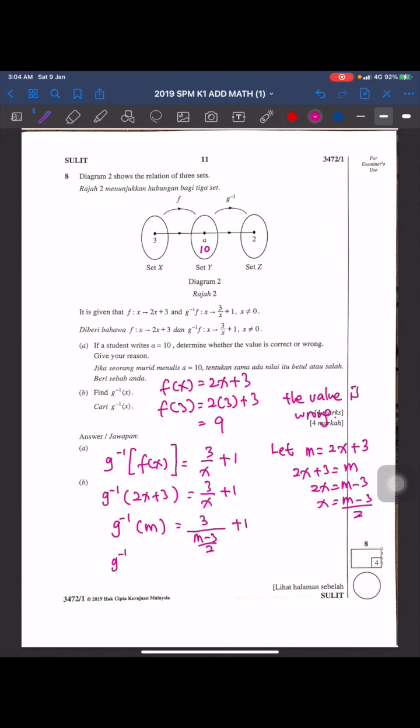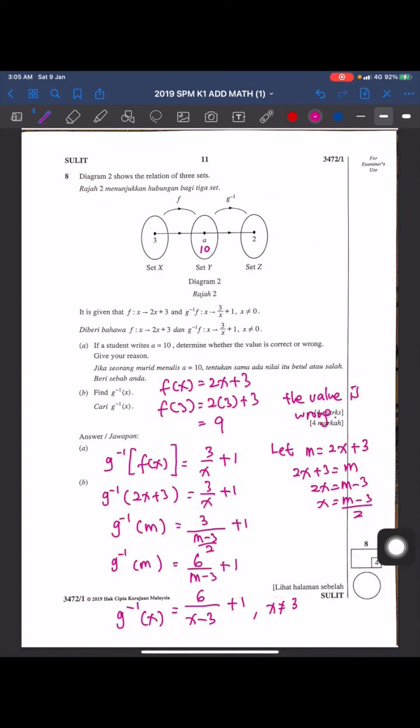So g inverse m sama dengan, per 2 kan? 2 naik atas, 3 darab 2, 6 per m minus 3 plus 1. Tapi soalan nak g inverse x, bukan g inverse m. So ubah sahaja. So g inverse x is equal to 6 over x minus 3 plus 1, where we know that x cannot equal to 3.